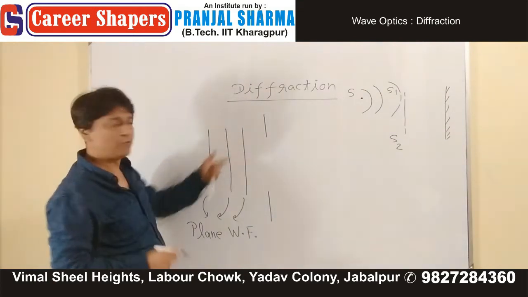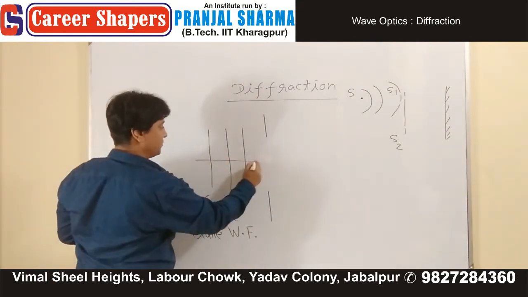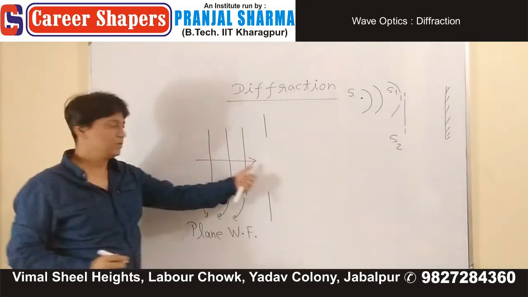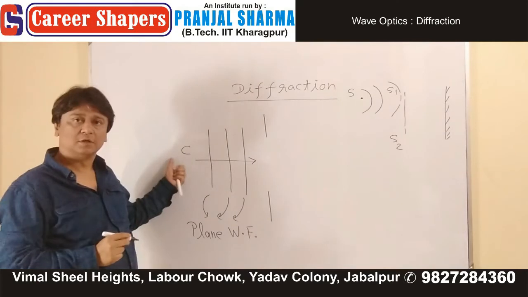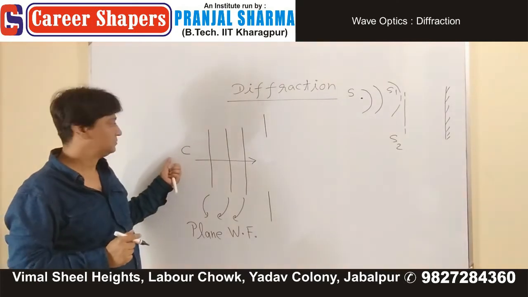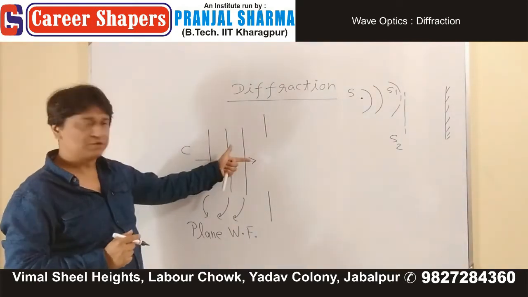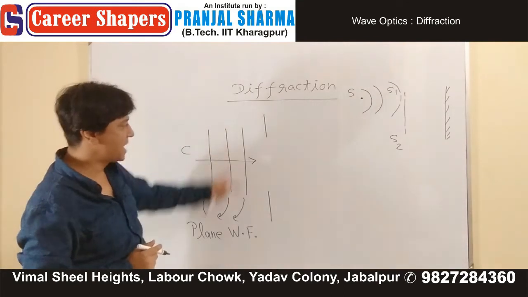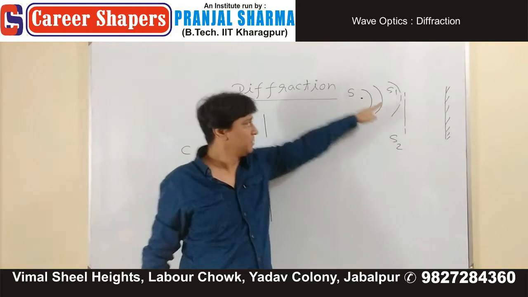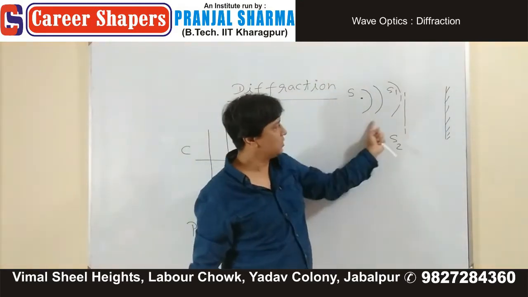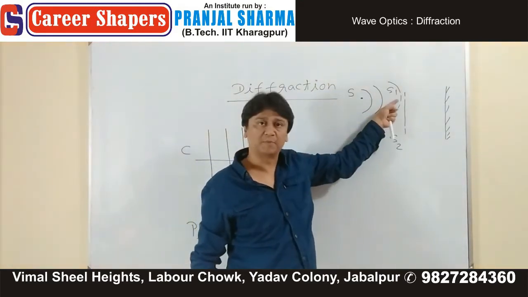And if these are wavefronts, you know that light is traveling in this direction. This gives you the direction of the speed of light. The wave is traveling in this direction. These are your parallel wavefronts. This is the opening. That's the actual setup. Spherical wavefronts, once they reach, I'm interested in this part.